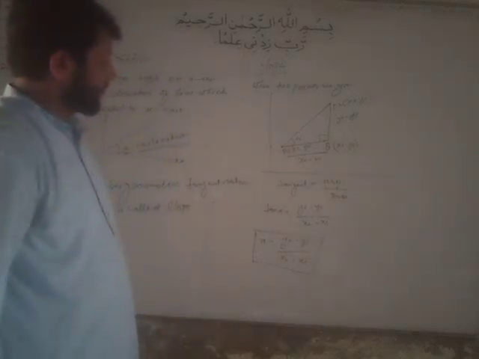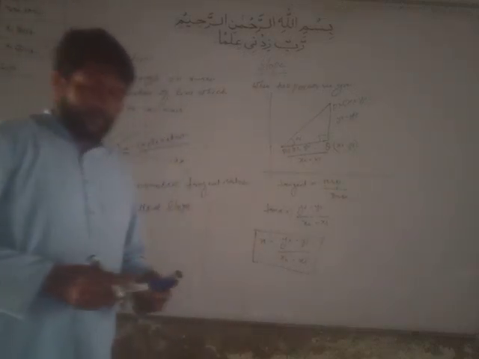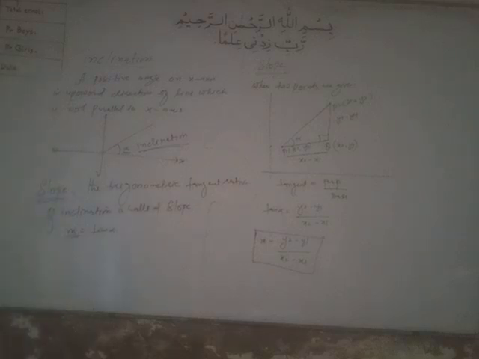Okay, so this is the slope when 2 points are given. Other definitions we will discuss here.